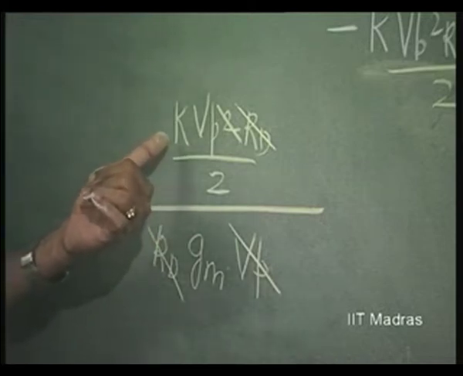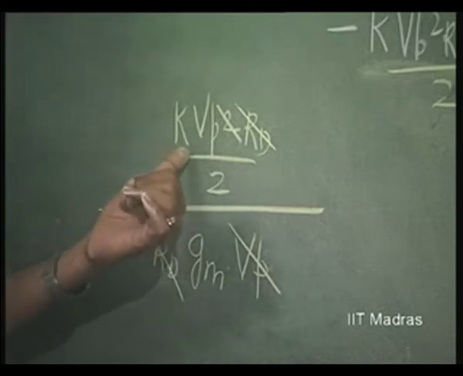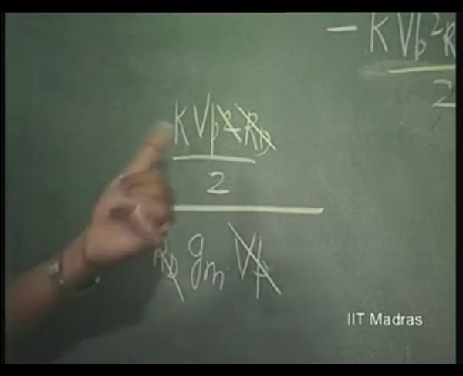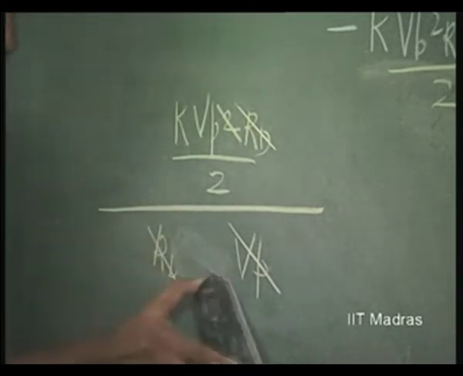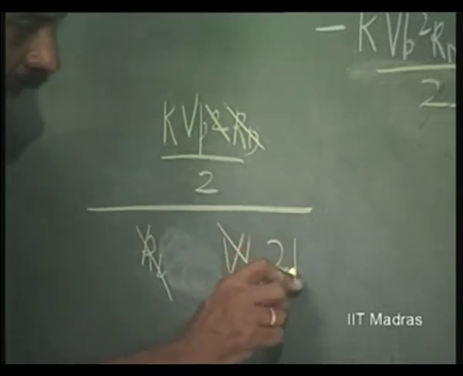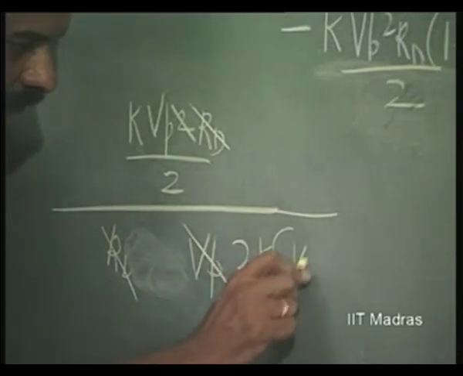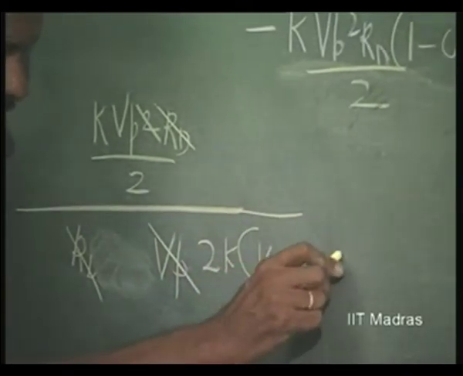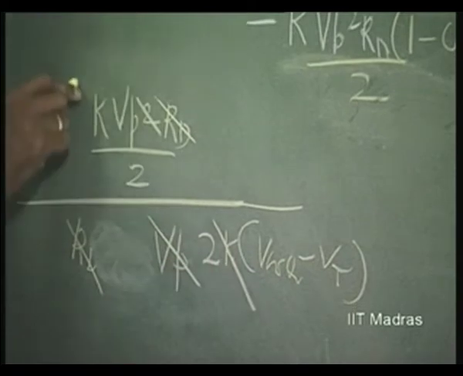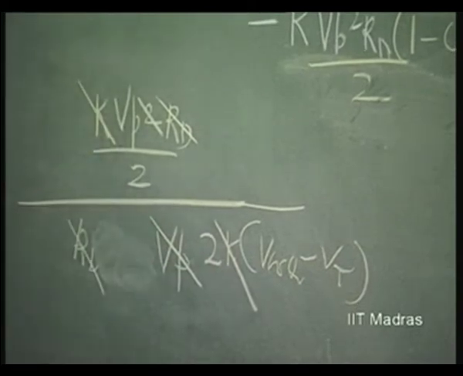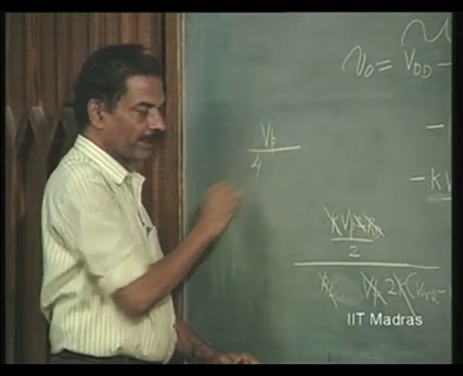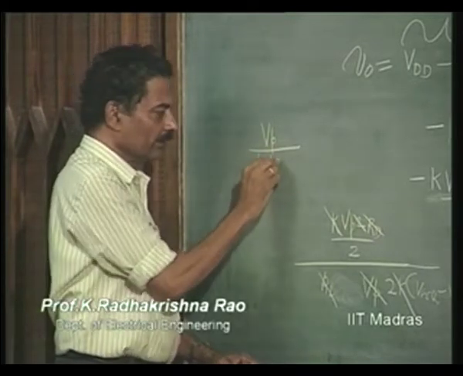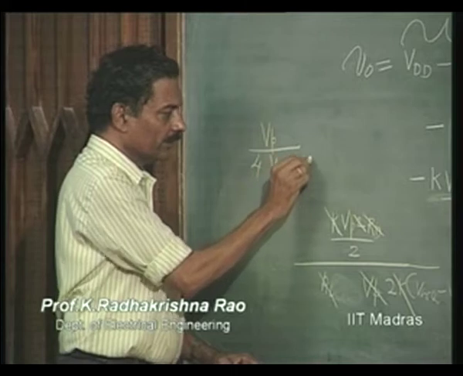Here you are going to do it using this k, the parameter associated with this. So, please see this Gm is really speaking equal to what? 2k into VGSQ minus Vt. So, k gets cancelled with this. So, distortion is really Vp divided by 4 times VGSQ minus Vt.